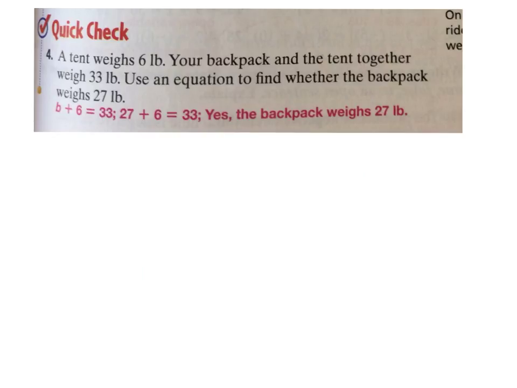A tent weighs 6 pounds. Your backpack and tent together weigh 33 pounds. Use an equation to find whether the backpack weighs 27 pounds. So, we're going to say let B equal backpack weight. So, what are we trying out?